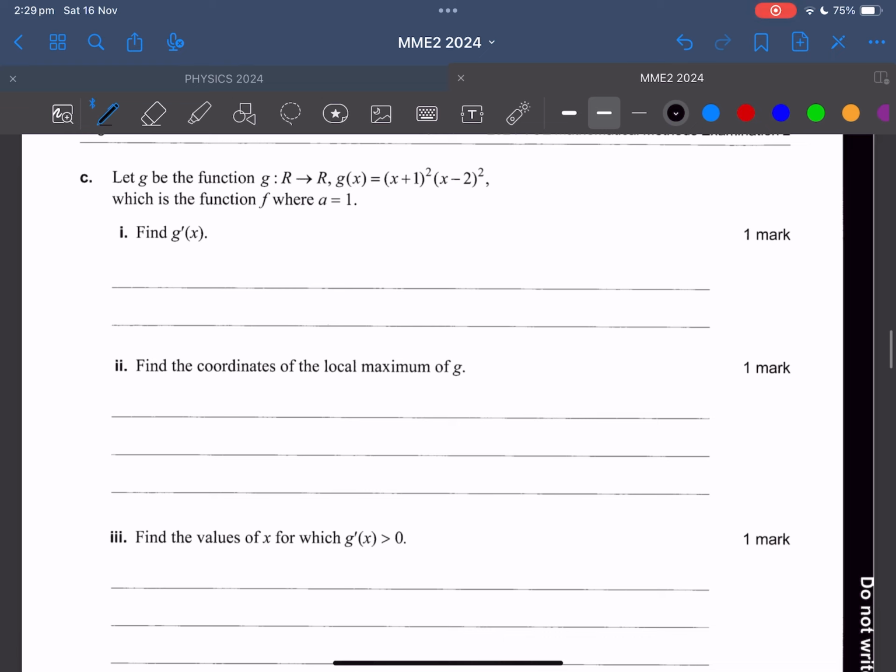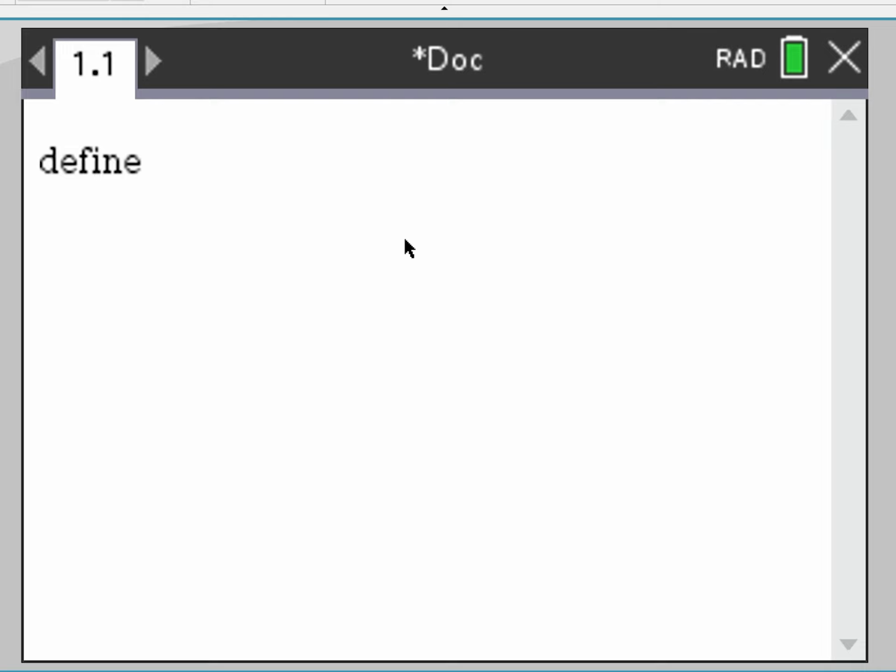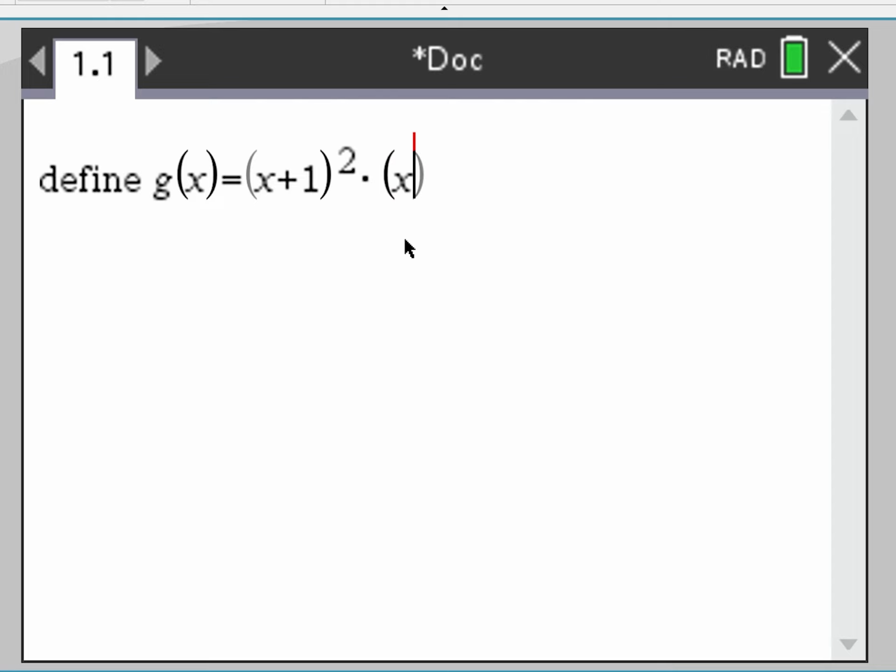So let g be the function where a equals 1. Find the derivative of g. For this, let's do this on CAS. So define g(x) equals (x + 1) squared times (x - 2) squared.